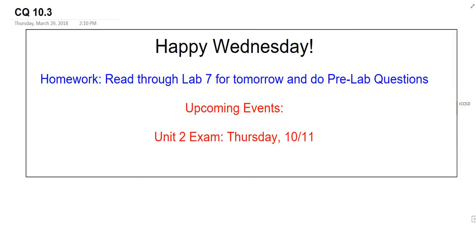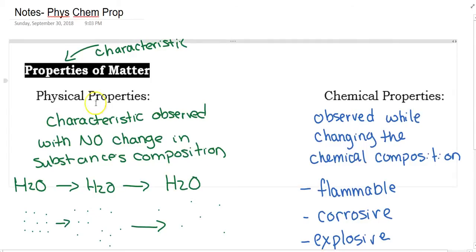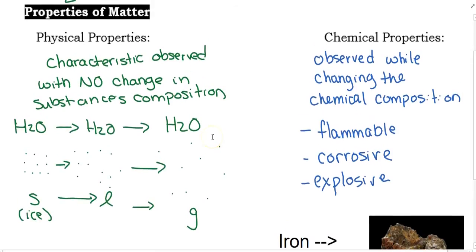Okay? All right, so just to wrap up what we were talking about yesterday, I think both my classes got here, but we were talking about physical and chemical properties. Physical properties are ones where you still have the same substance as you're figuring out what the property of the substance is.